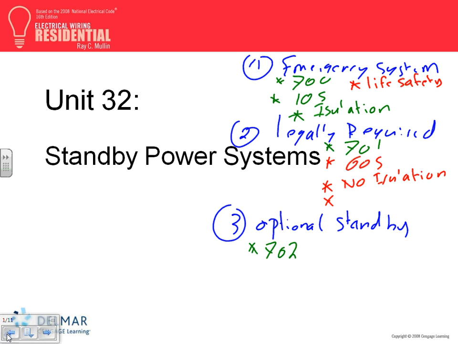The third one, guys, is government, basically authority having jurisdiction. Now, you're going to ask me what type of loads are going to be legally required. For a 911 calling system, you can put certain loads as legally required by law. But who decided that this receptacle is going to be required to have power within 60 seconds?